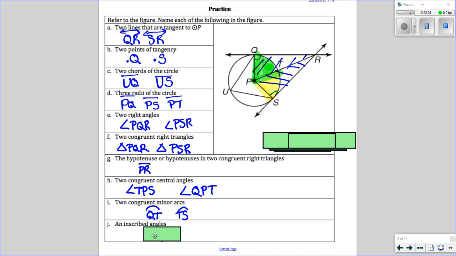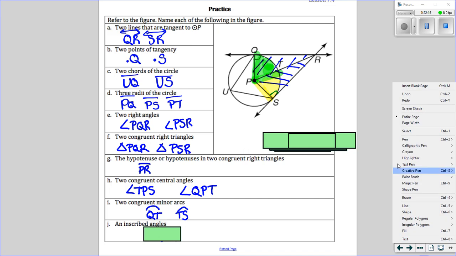And name an inscribed angle. So let's see. What do we know about inscribed angles? It touches the circle at one point, and it creates an arc that is created by two chords, and it touches a point on a circle.